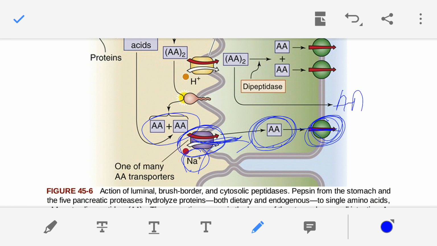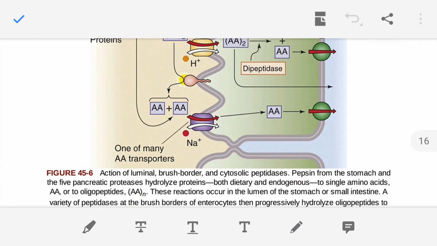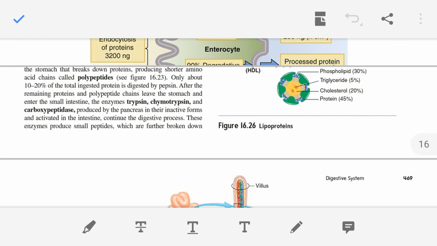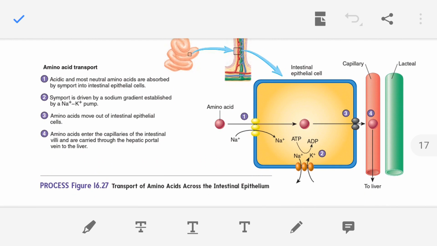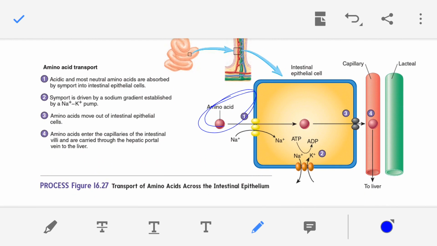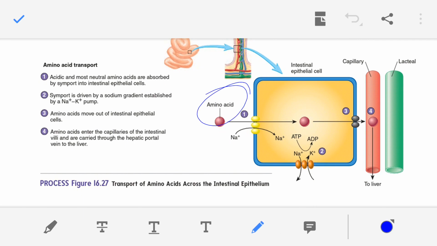So in the interstitial space, now there are amino acid. From interstitial space, where those amino acids are going? Here you see, amino acid from the lumen, they are absorbed, and they are entering into the blood capillary.